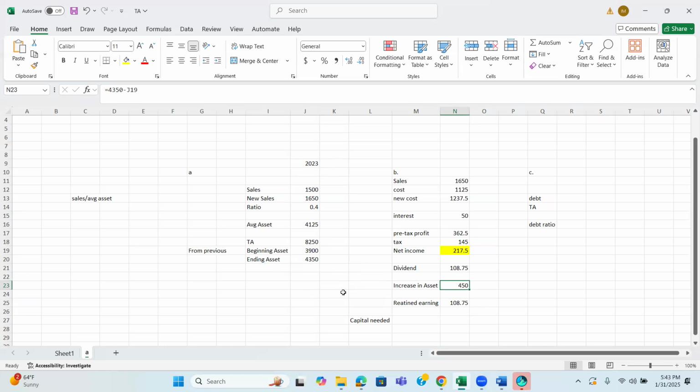So your asset increased 450 and you have retained earnings of 108.75. Thus, you can get the capital needed. Basically, you have this value, 341.25, which must be raised in the capital markets if debt remains constant, with the equity portion only. Okay, you get it?